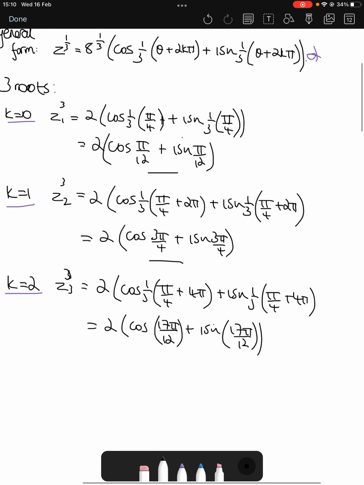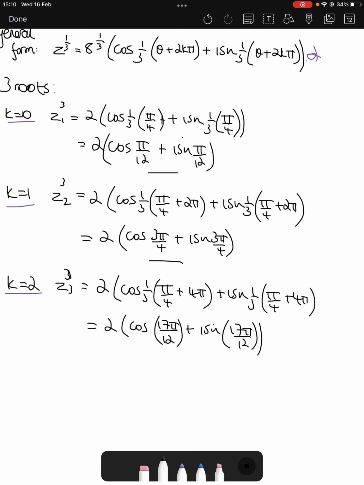Now technically, that's not between pi and negative pi, so we should be taking away 2 pi. I'm going to do it in this case, but there are certain questions, depending on how they want you to leave the answer, and if they want exact values, where you won't have to do this.